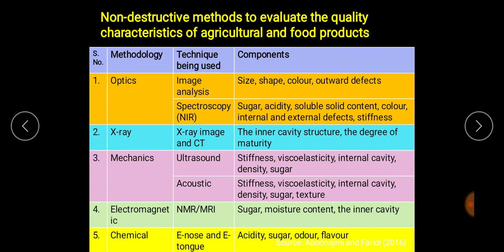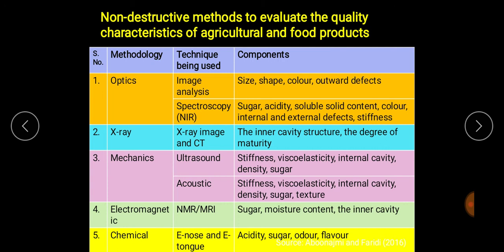Then X-ray imaging and CT, computed tomography, you can use. With that you can check the inner cavity structure and the degree of maturity. Then mechanics: ultrasound you can use, acoustic you can use.